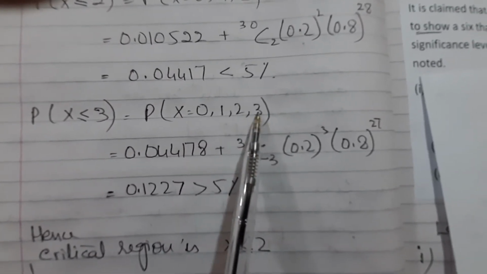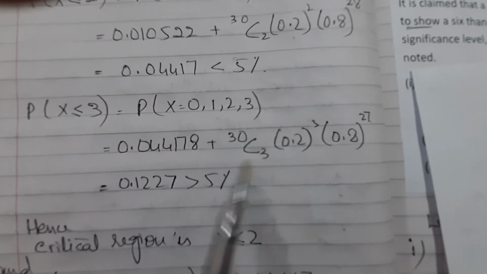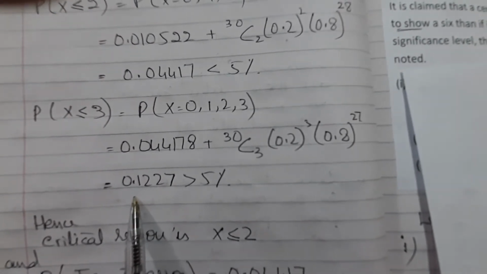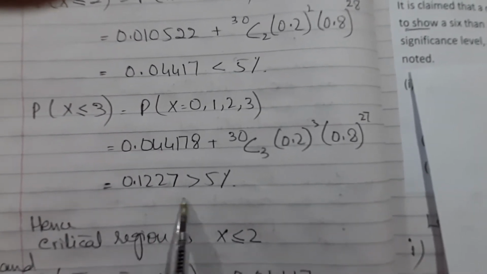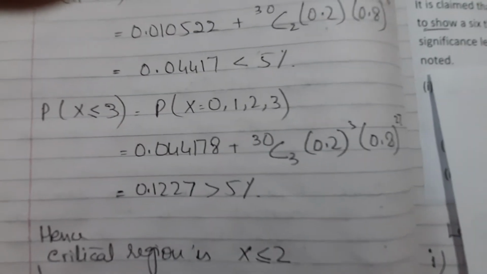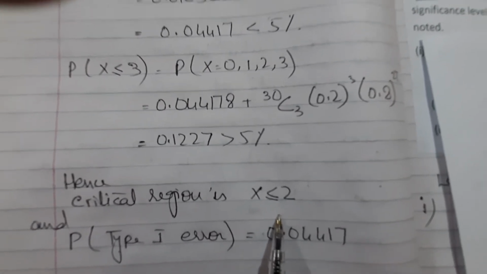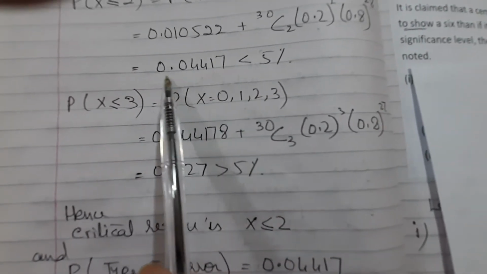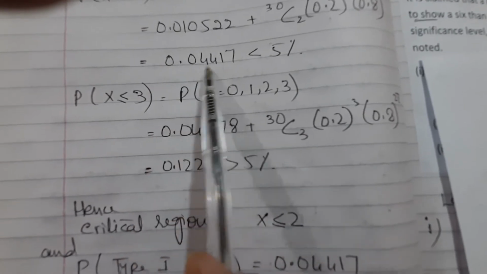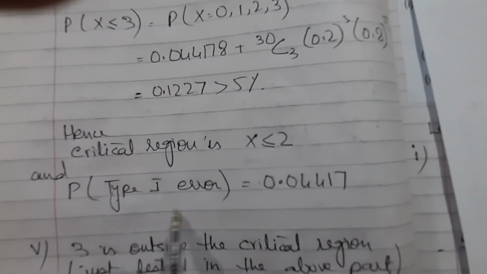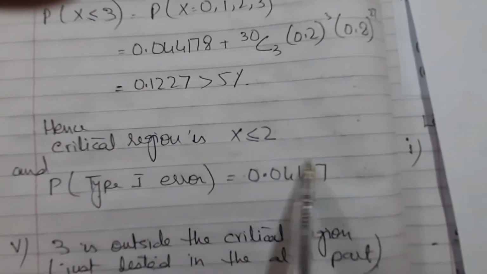Then I am calculating for x equals 3 here. When I add it up, it is 12.2%, which is more than 5%, right? So it means my critical region is x less than or equal to 2. And for x less than or equal to 2, the probability was this. So this is my type 1 error. So the probability of type 1 error is this.